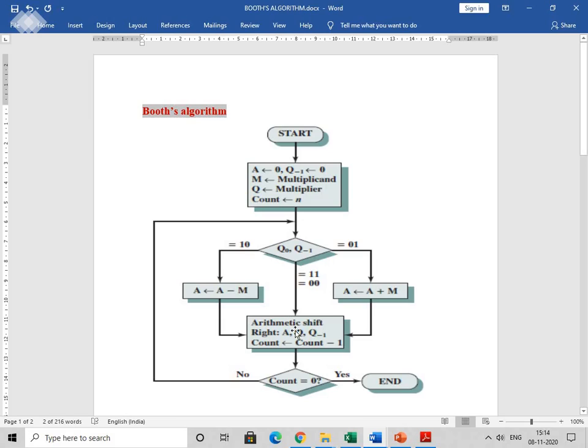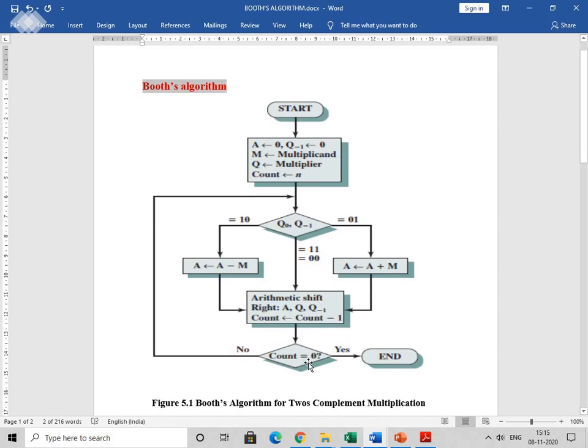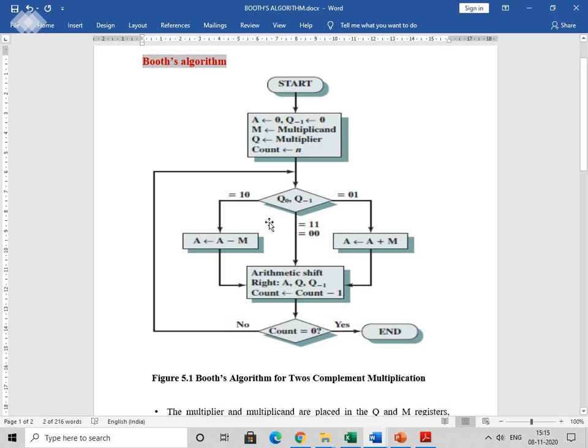Okay. So we are going to perform arithmetic right shift of the content A, Q and Q minus 1 after this subtraction, and the count will be decremented. So when the count becomes 0, then it will be the end of the process. Okay. So this is the flow chart for Booth's algorithm for 2's complement multiplication.